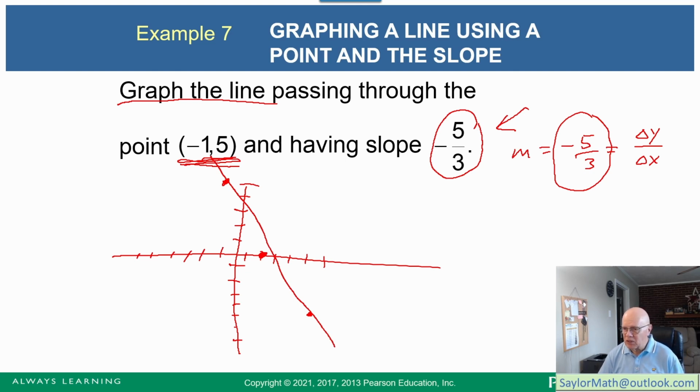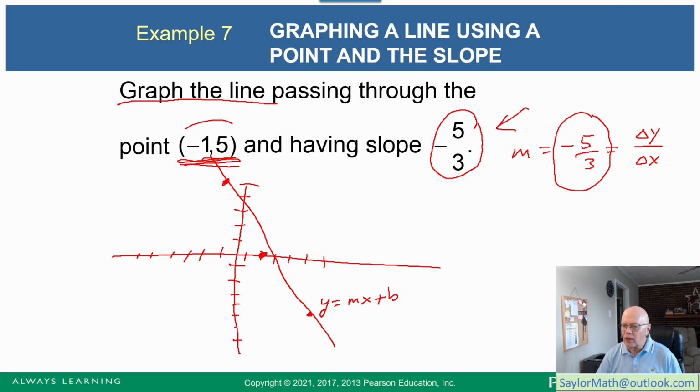And what you might want to do is, if you knew what this line was, you could actually write it with the proper slope and y-intercept. Okay, so that is how you graph it.